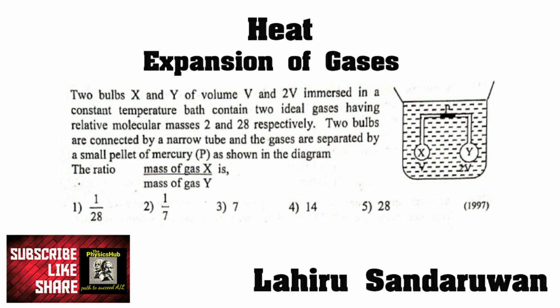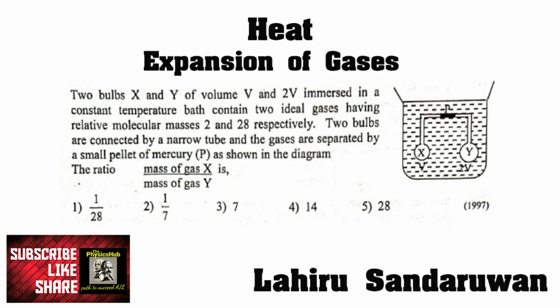Two bulbs X and Y of volume 2V and V, immersed in a constant temperature bath, containing two ideal gases having relative molar masses 2 and 28 respectively. The two bulbs are connected by a narrow tube and the gases are separated by a small pellet of mercury, as shown in the diagram.